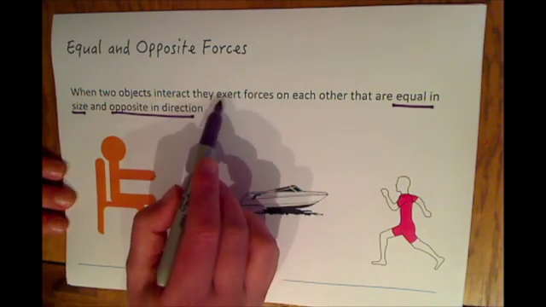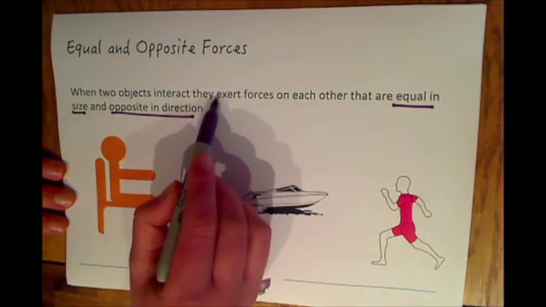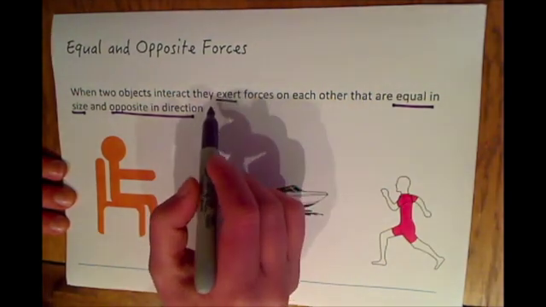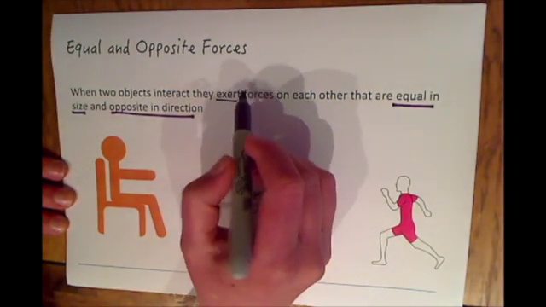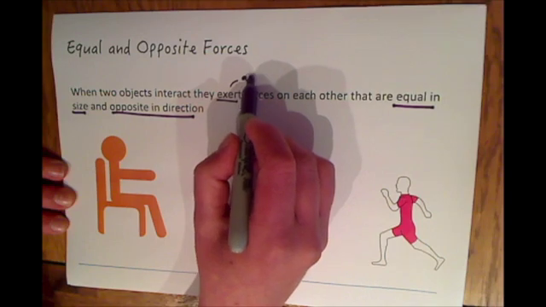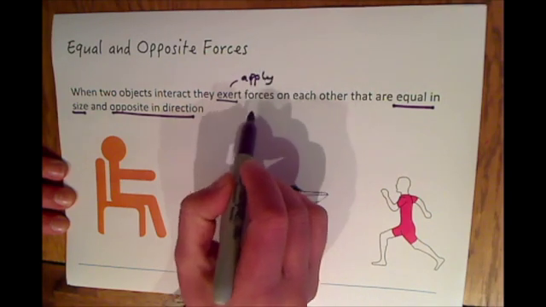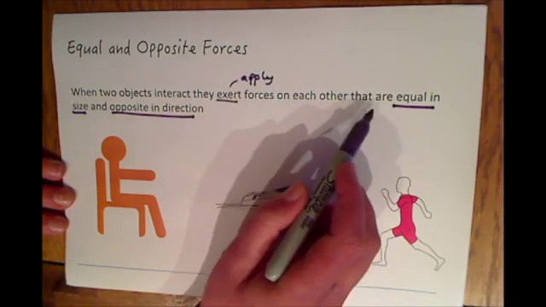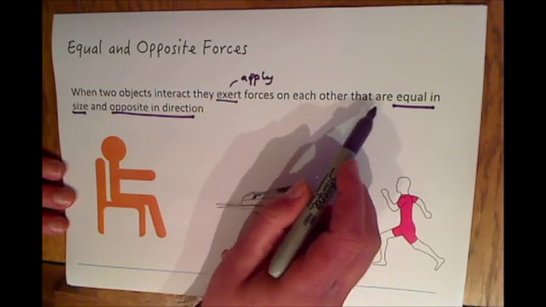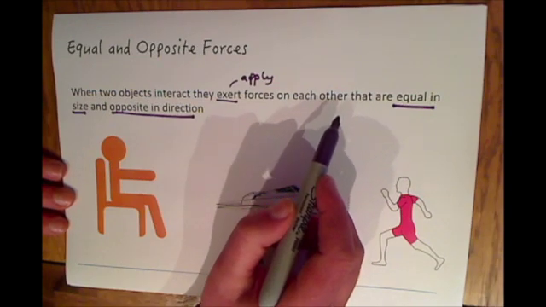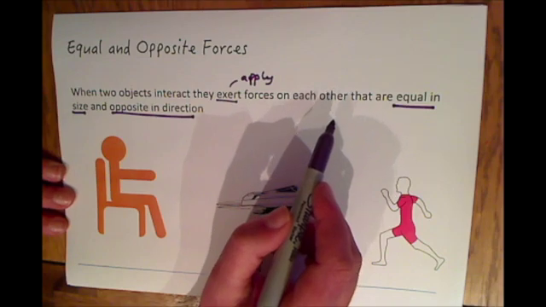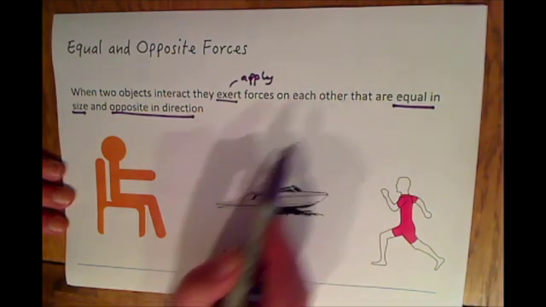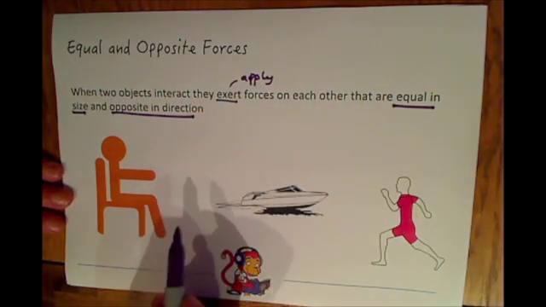So exert is like push, but they tend to use that more complicated word. When they apply a force on each other, that force is equal in size and opposite in direction. And we often call these reaction forces.